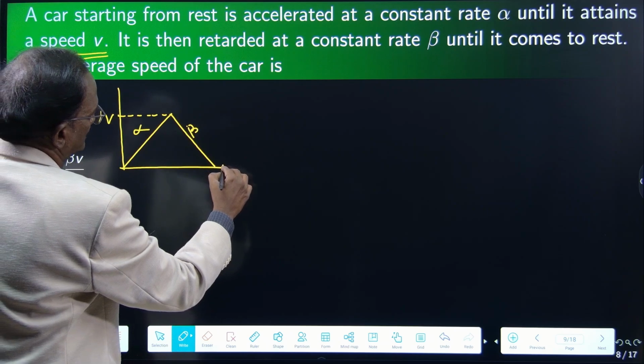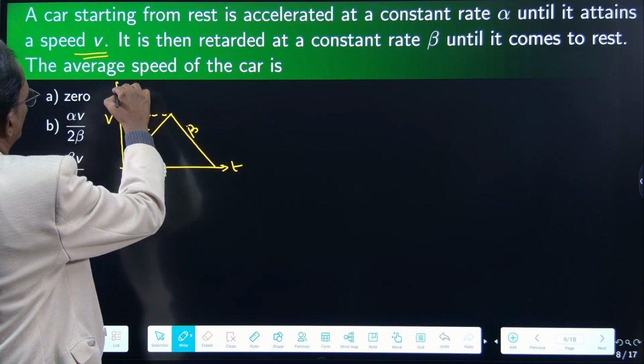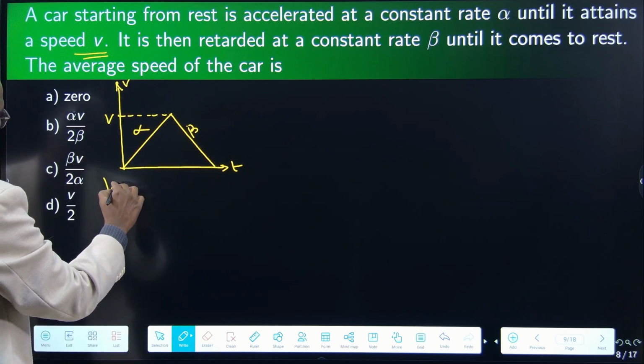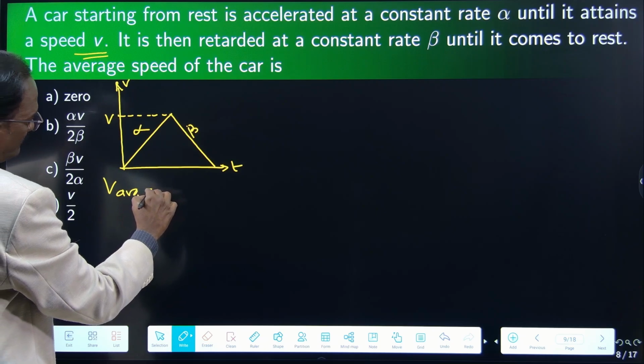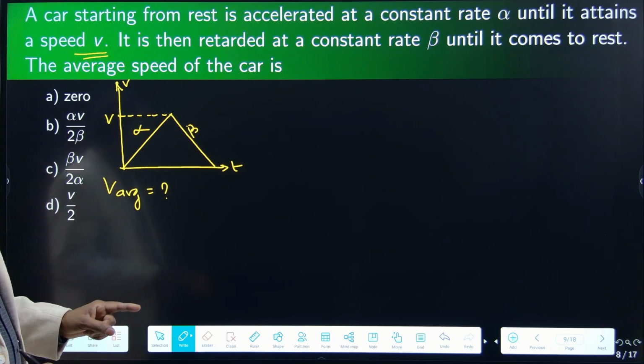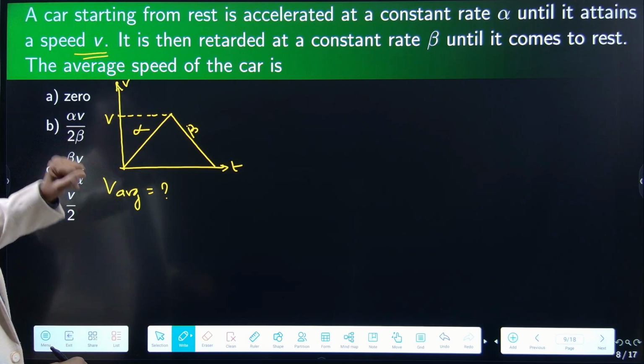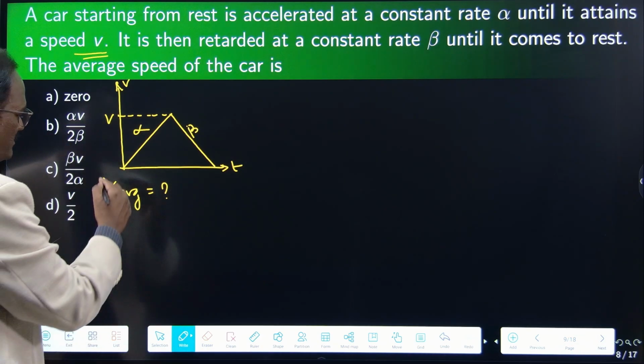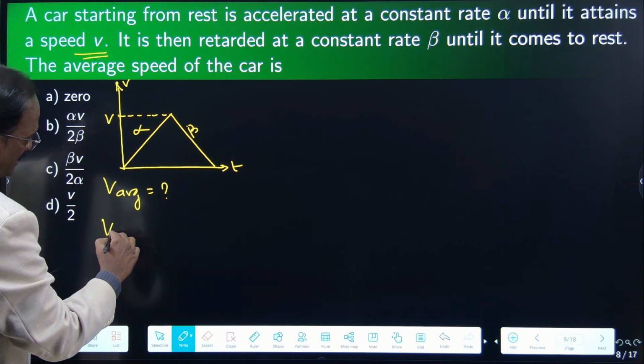Average speed is what? This is time and this is velocity. What is the average speed? The question is to find the average speed. This is the maximum speed, right? So we have the formula for maximum speed.